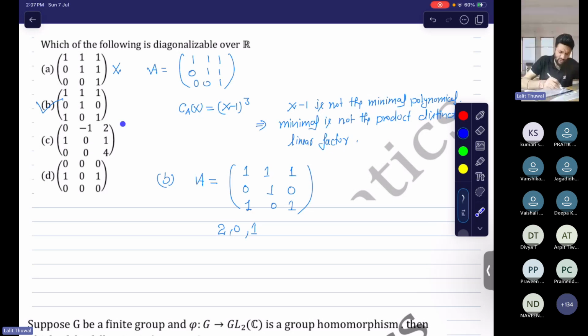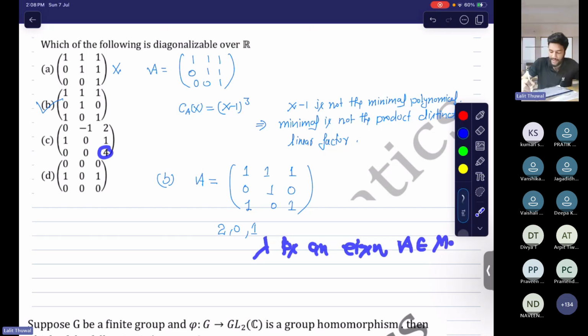So this one, see. Here you can see that 4 is an eigenvalue. Why is 4 an eigenvalue? Because lambda is an eigenvalue of a matrix in M_n(F) if the determinant of A minus lambda I is 0, right?